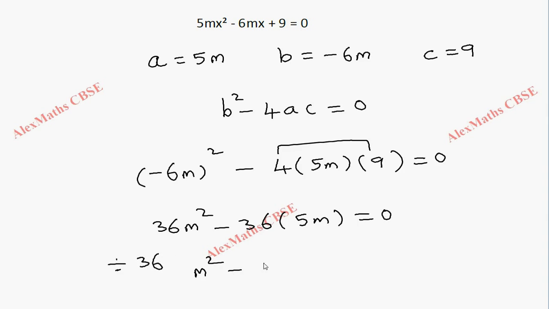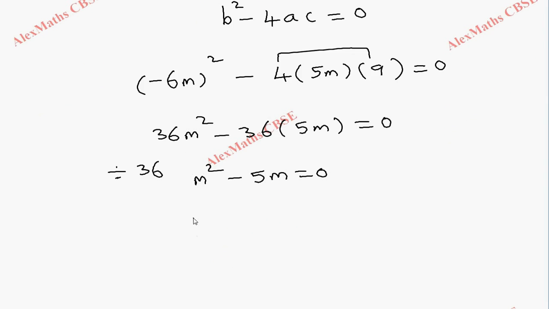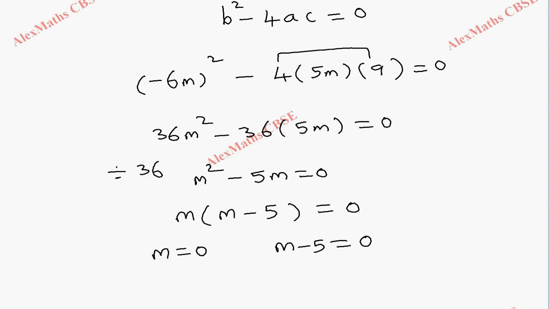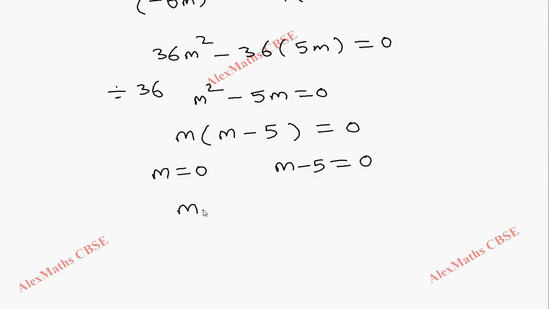So m square minus 5m equal to 0. From this, taking m common, we get m into m minus 5 equal to 0. We are going to equate individual factors to 0. So we get m is equal to 0 and m minus 5 equal to 0. From this, we get two values for m. One is m equal to 0 and m equal to 5.